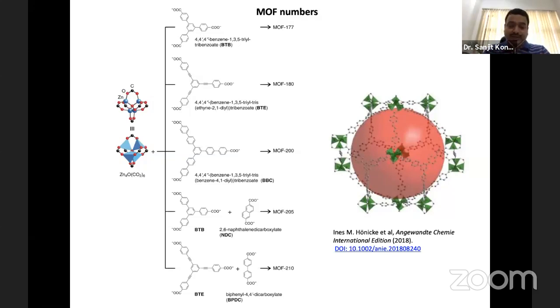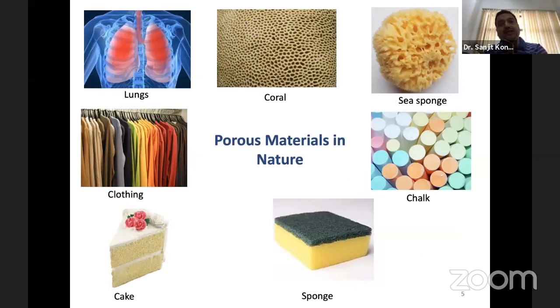Now, in nature, there are a lot of other porous materials. For example, our lungs are made of porous material. Corals, sponges, even the chalk you use in the classroom, cloth, all these are porous materials in nature, and each is designed for a particular property.